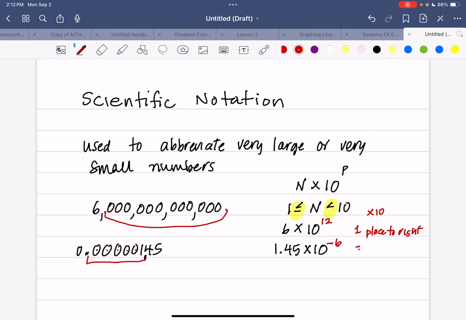That means I divide by 10, and every time I divide by 10, it moves it one place to the left. So remember, big number, positive exponent. Little number, negative exponent.